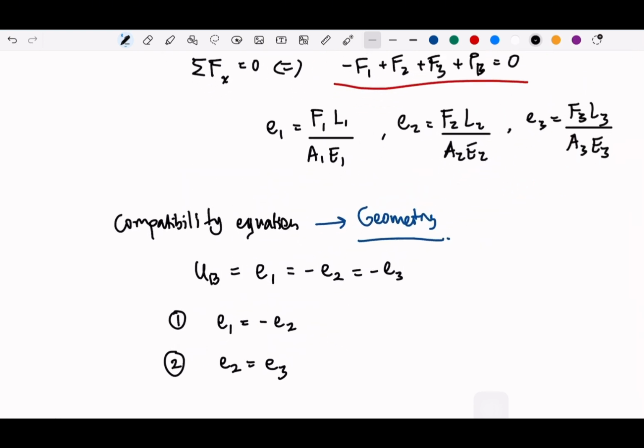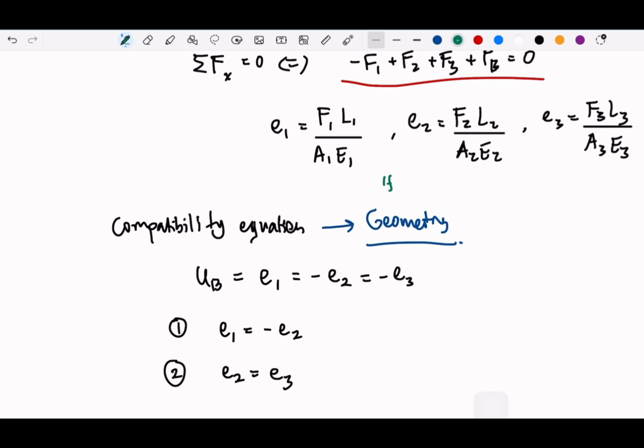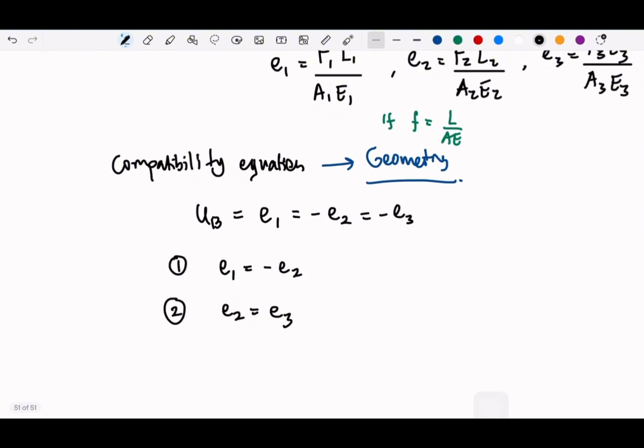So if elongation is FL over AE, then we could rewrite this in terms of forces.